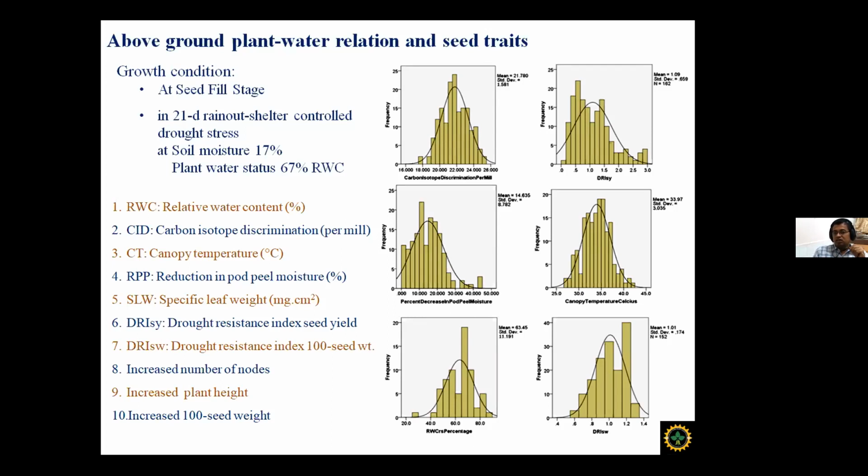So these characters, the above ground characters, can be recorded, including relative water content, carbon isotope discrimination, canopy temperature, reduction in pod field moisture, specific leaf weight, drought resistance index for seed yield, drought resistance index for 100 seed weight, increased number of nodes, increased number of pods, increased plant height, and increased 100 seed weight.